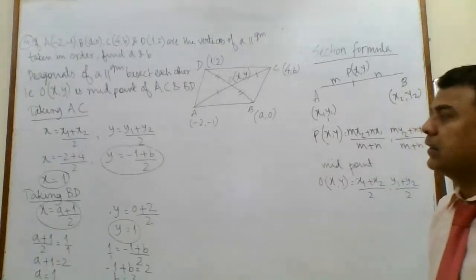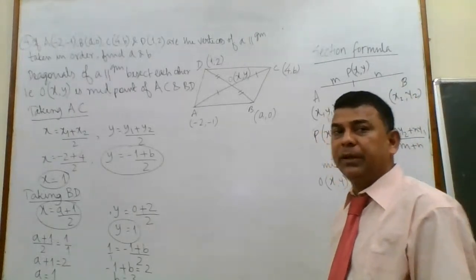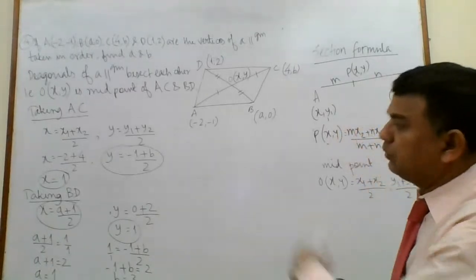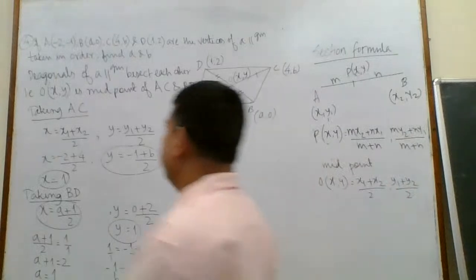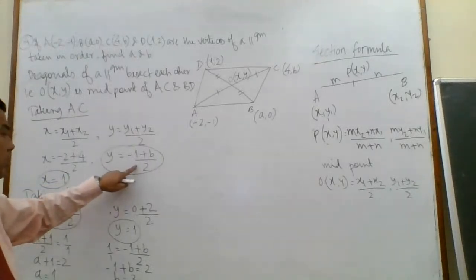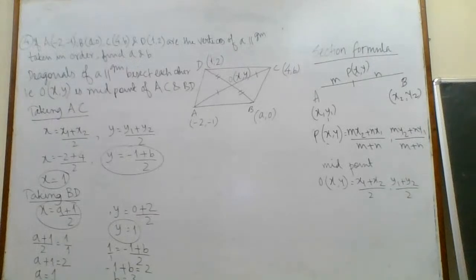And we have applied the midpoint formula 2 times. Once taking it as midpoint of AC, second time as BD. And then we have equated the values of it. Here we got x equal to this thing, here we got x equal to this thing. So these two are equal. Here we got y equal to this thing, here we got y equal to 1. So these two are equated, and that resulted in the value of x and y.